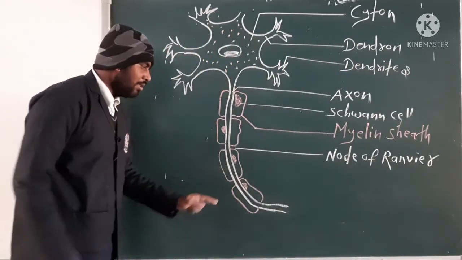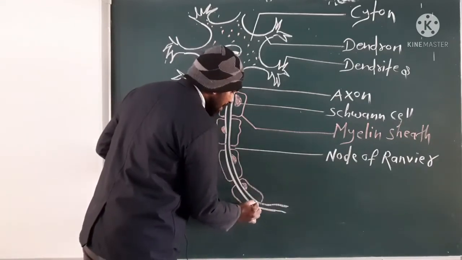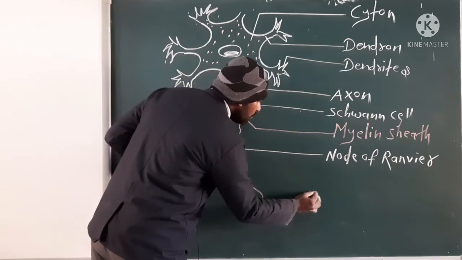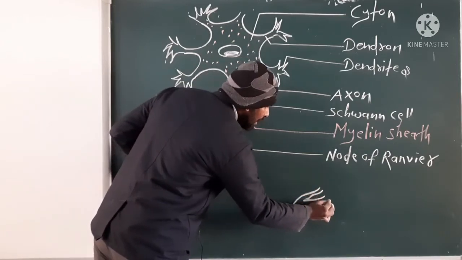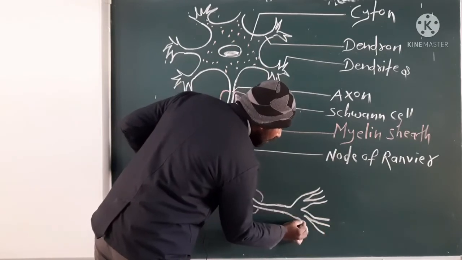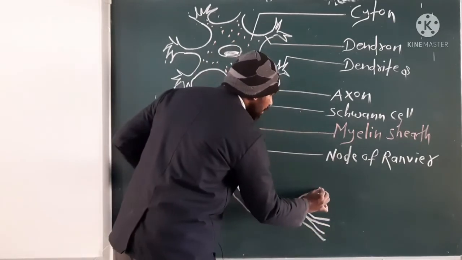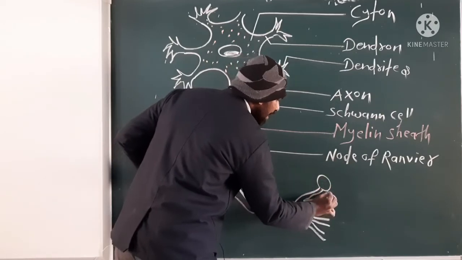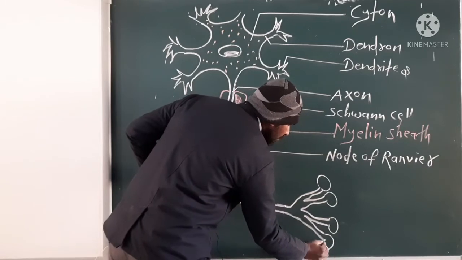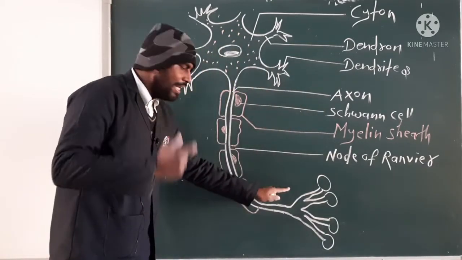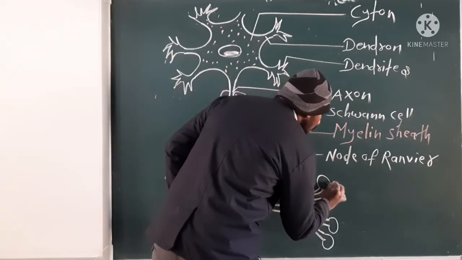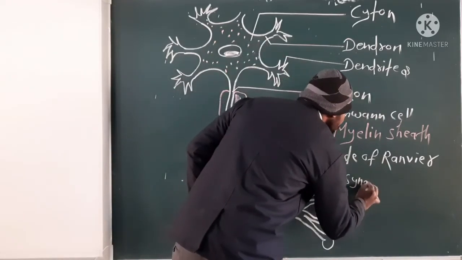Now this axon, at its termination, that means its ending part, beta, also forms a branching structure, and it has a swelling, bulb-like structure at the termination area in that manner. So this swelling termination portion of axon is called synaptic node.